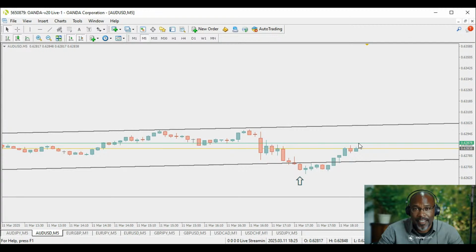Let me see exactly where it is. 0.6287. So that's about where I am here. However, it looks like I was already able to abandon ship with just a little bit of a gain. So no need to take action here.